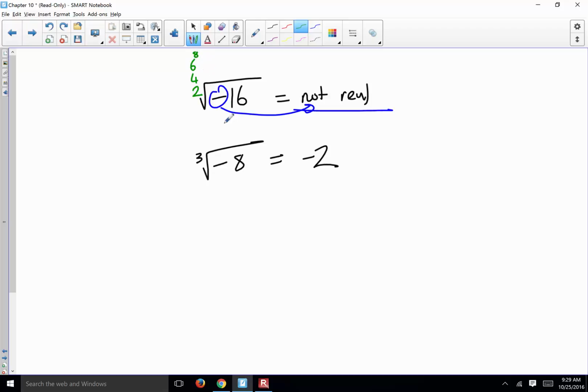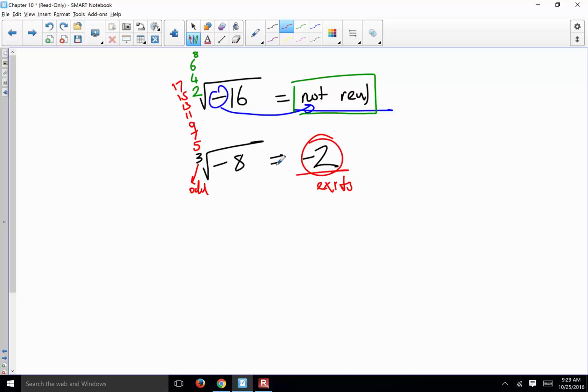Even. So here is the lesson. If the index is even and the number inside is negative, then we do not have a real solution. You will just pick not real and go to the next question. But if the index is 3, 5, 7, 9, what kind of numbers are these? Odd. If they are odd, the result exists. It's a real number and you can compute it.